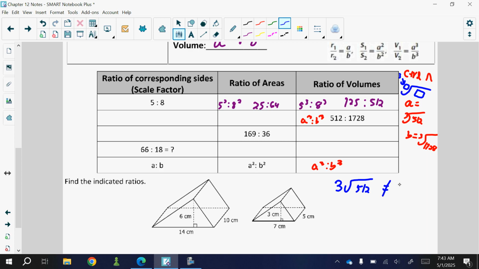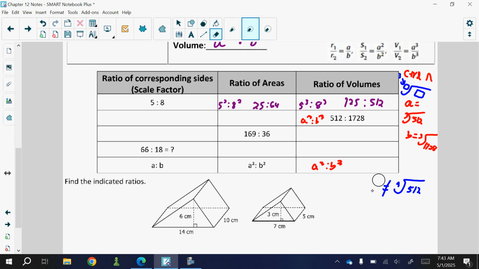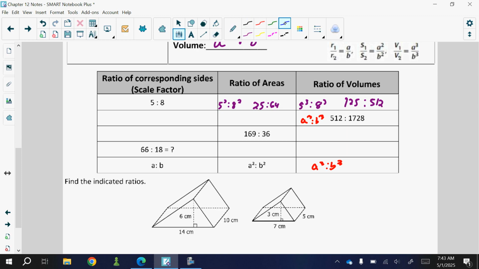That is not the same as the actual cube root of 512. These are two very different things. But regardless, doing that in your calculator ends up giving you 8 and 12. The cube root of 512 is 8. The cube root of 1728 is 12.